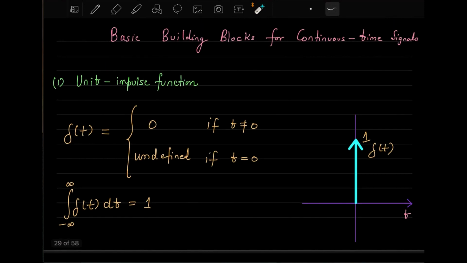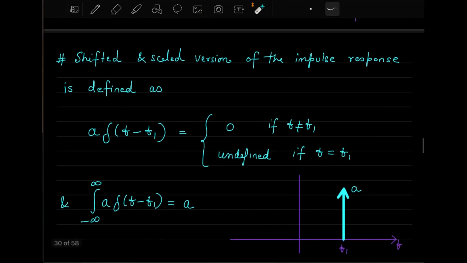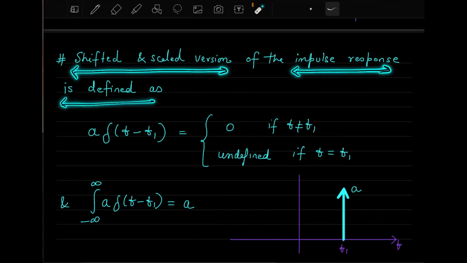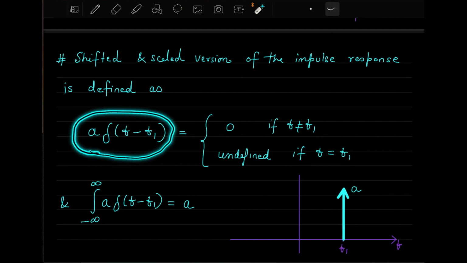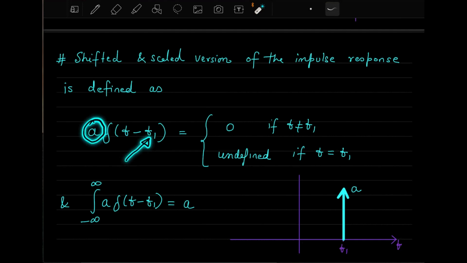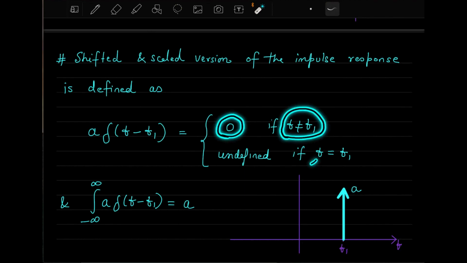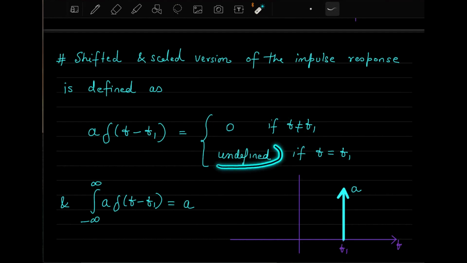Then we have some variants available for this unit impulse function, which are given on this side. You will have a shifted and scaled version of the impulse function, which can be defined as this. You are scaling by a factor a and then shifting by time t equal to t1. Again, you can apply the definition of the delta function here: for time t not equal to t1, its value is 0, and for t equal to t1, its value is undefined.